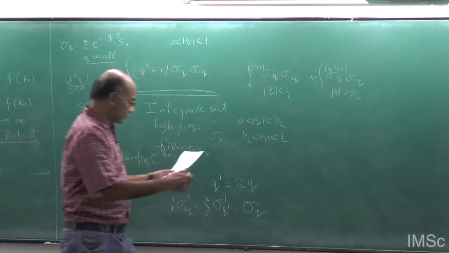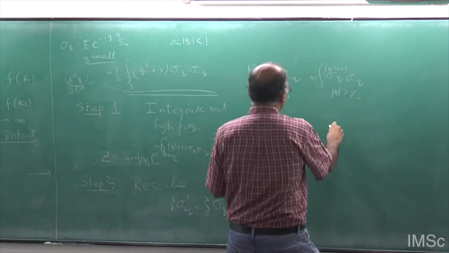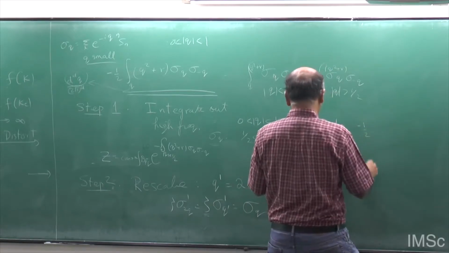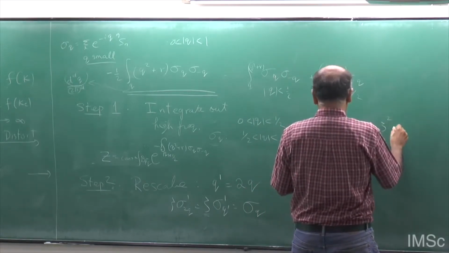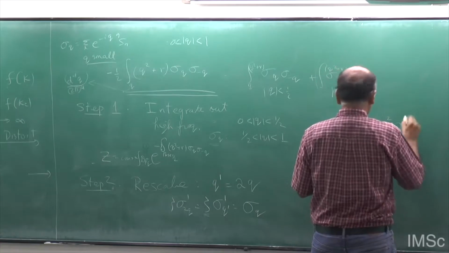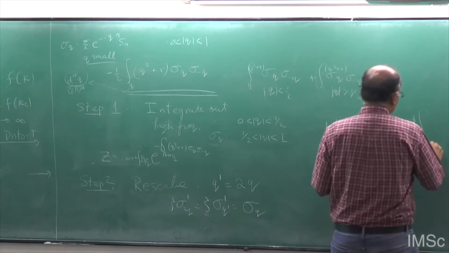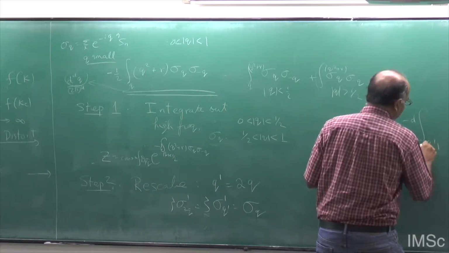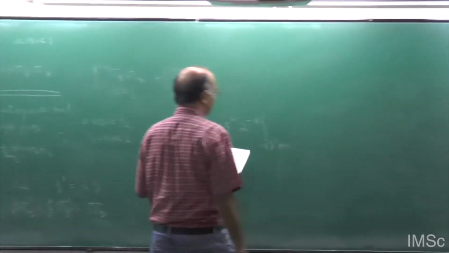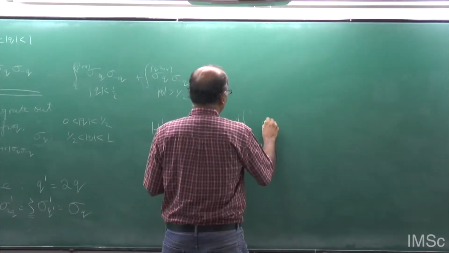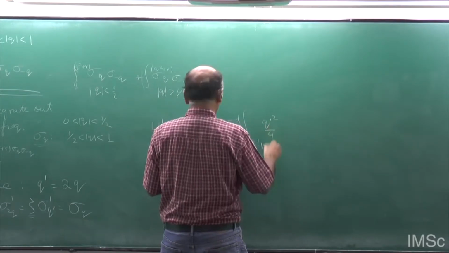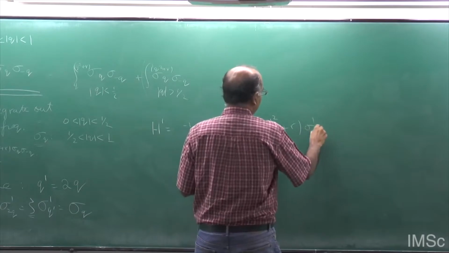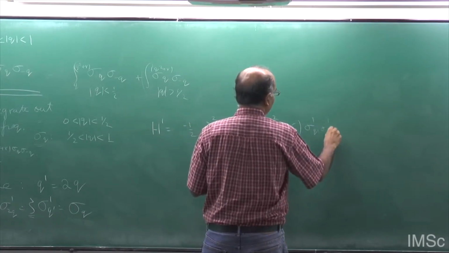So your new Hamiltonian becomes minus half c squared 2 to the power of minus d, now with q prime, where the range of q prime is 0 to 1, and then q prime squared by 4 plus r, sigma prime q prime sigma prime minus q prime.